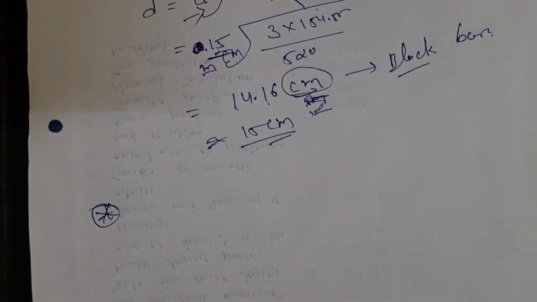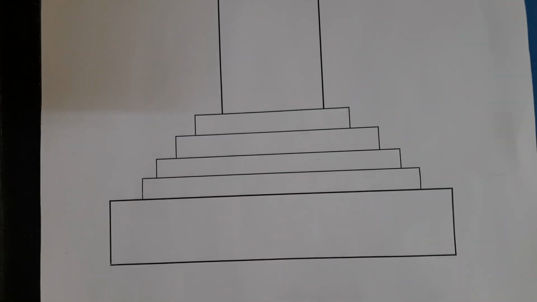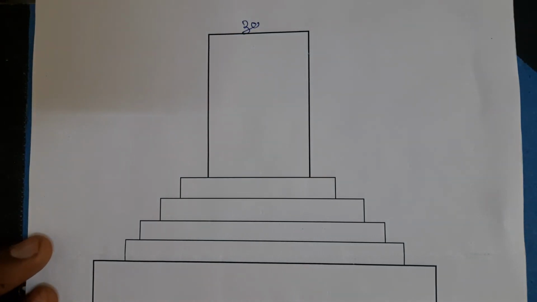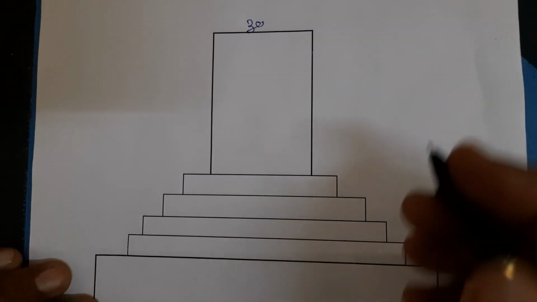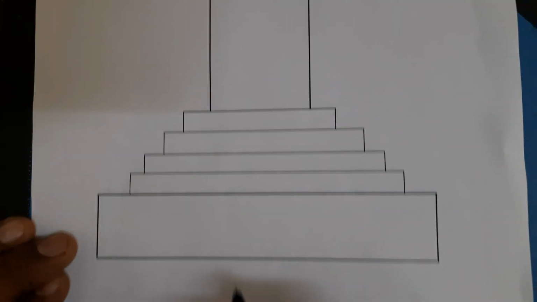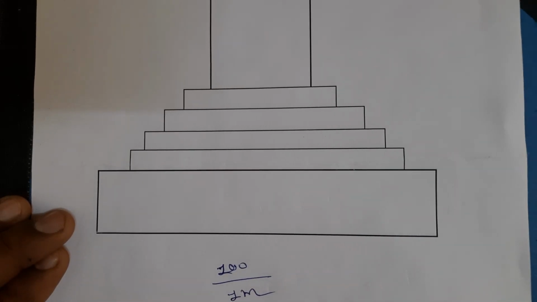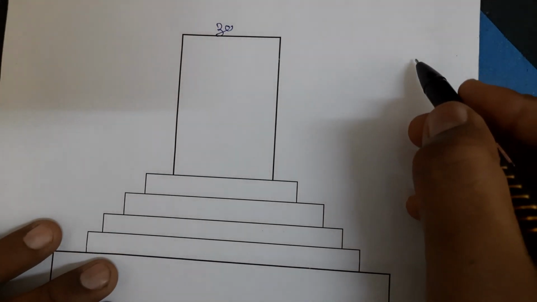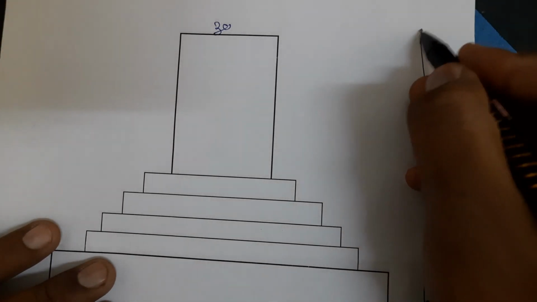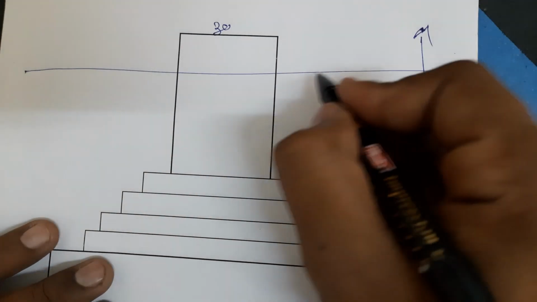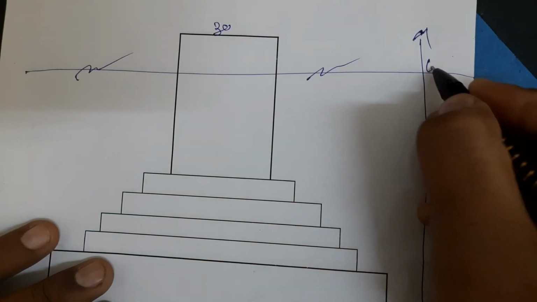For drawing the figure I have already prepared a sketch. You know that this is your 30 centimeter thick wall. Now the total width is equal to 100 centimeter, or you can put 1 meter as you wish. Now the total depth of foundation: this is your ground level, GL.